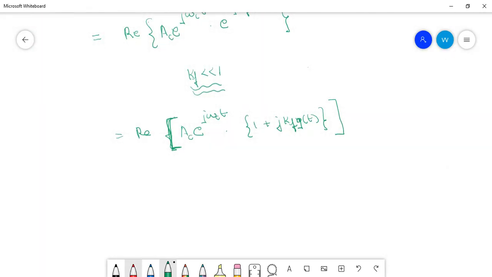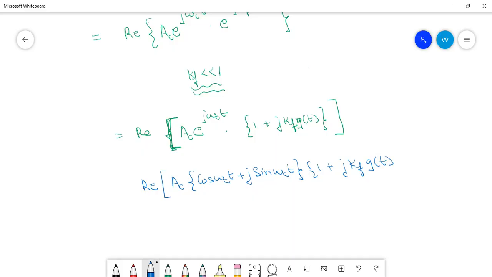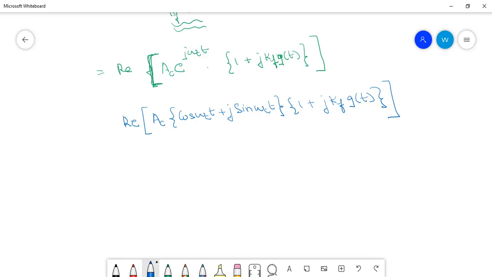So if I were to expand this, it becomes the real part of Ac (cos omega_c t plus j sin omega_c t) into (1 plus j kf g(t)). Now if I collect the real terms, Ac is there everywhere, so Ac comes outside.